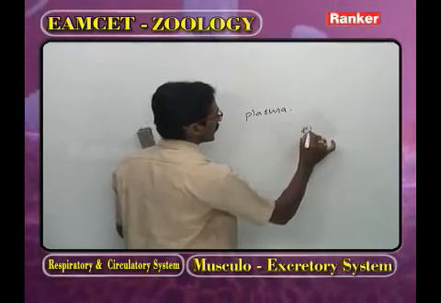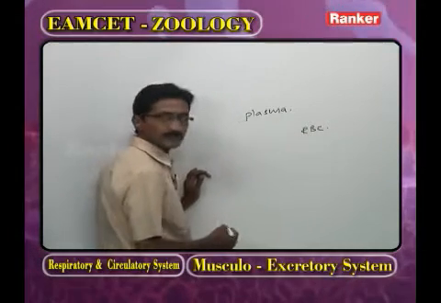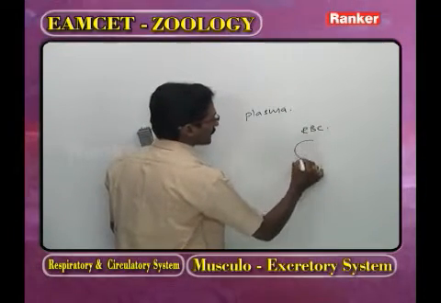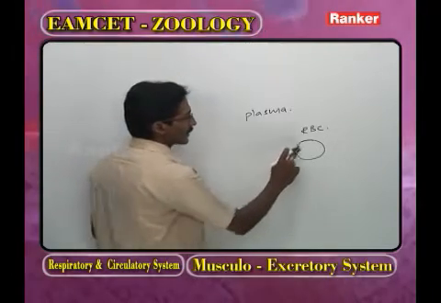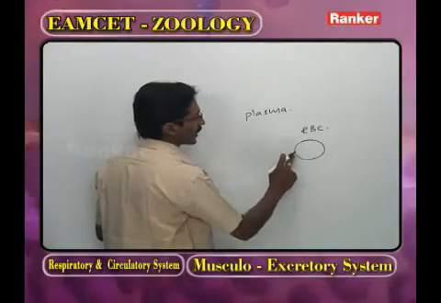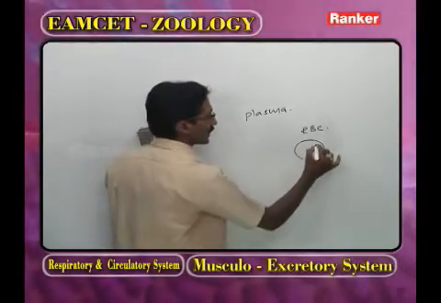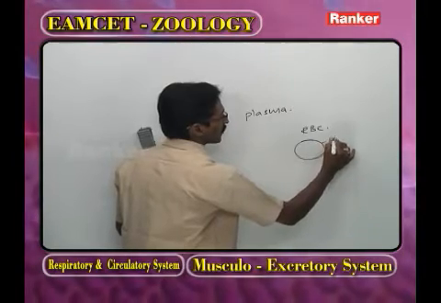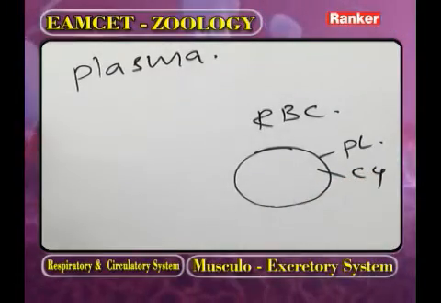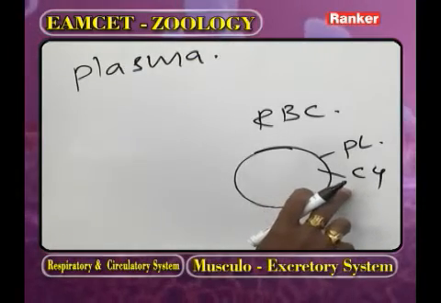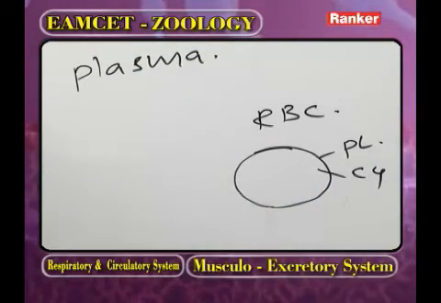And this one we call RBC. Now, as we observe the RBC, in mammals, the RBC is biconcave and circular. The RBC is covered by plasma membrane, and this is the cytoplasm. In the cytoplasm, water is present.